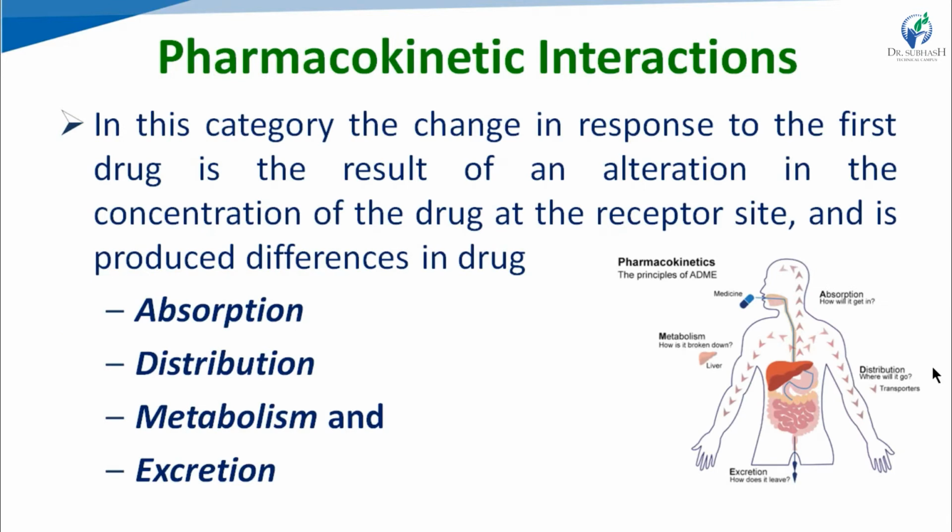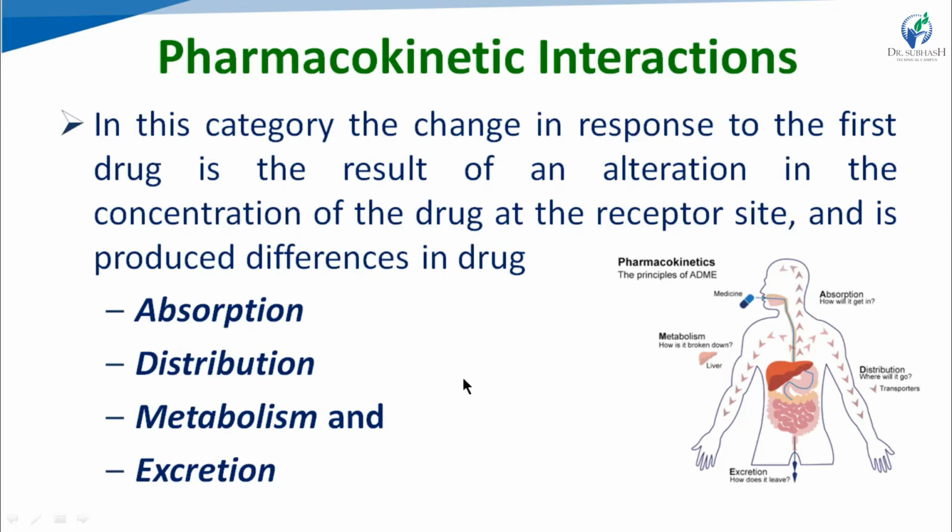So first, pharmacokinetic interaction. In this category, the change in the response to the first drug is the result of an alteration in the concentration of the drug at the receptor site and produces a difference in drug absorption, distribution, metabolism and excretion.